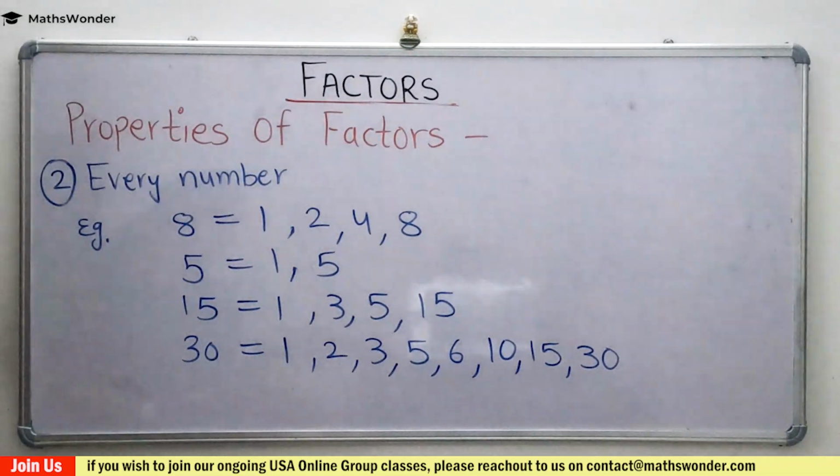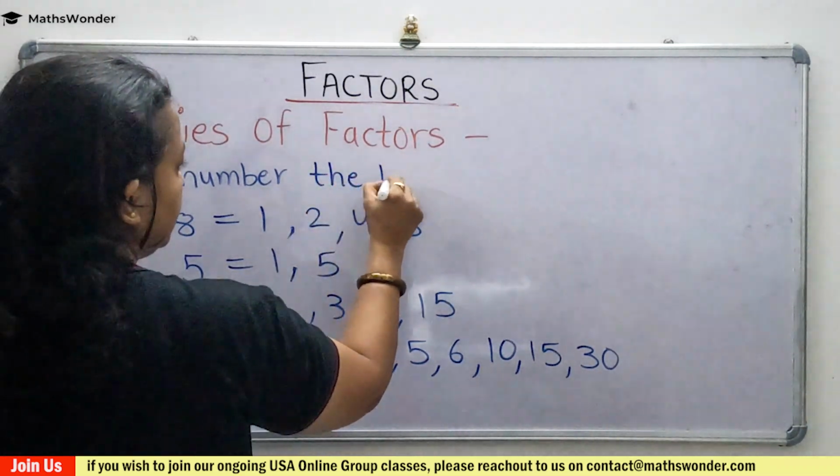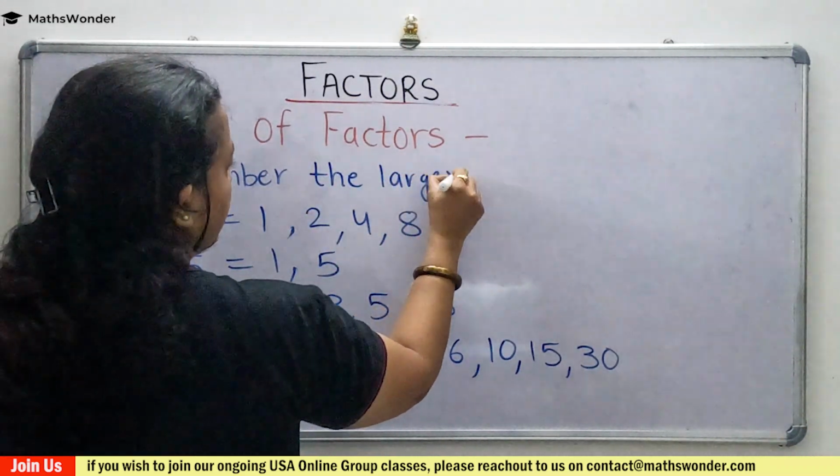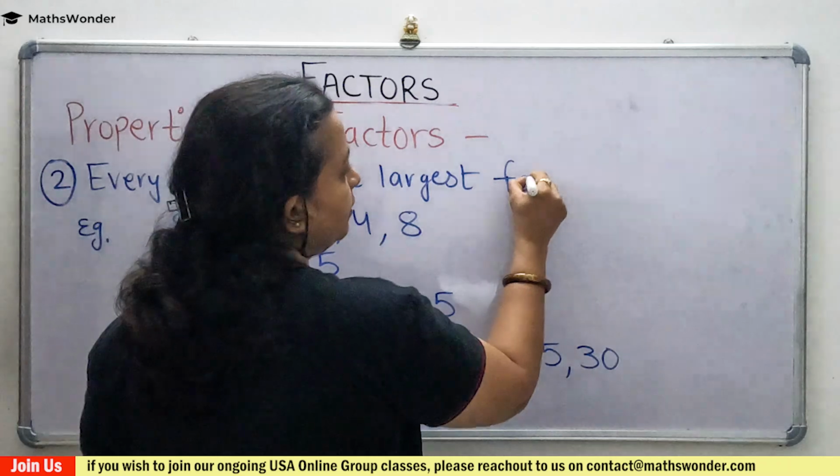So the second property is every number is the largest factor of itself.